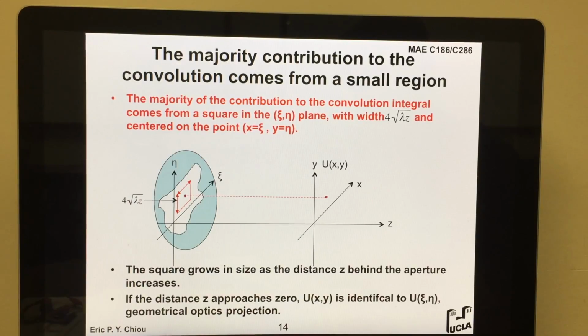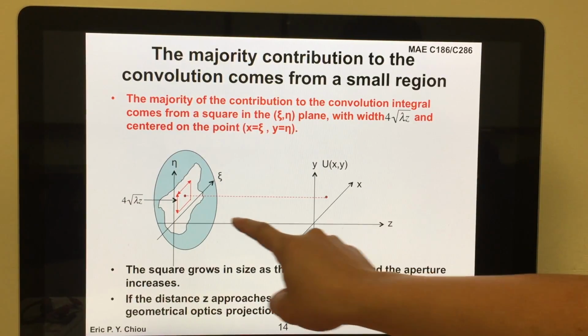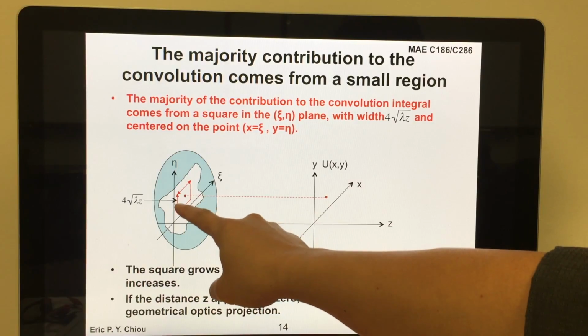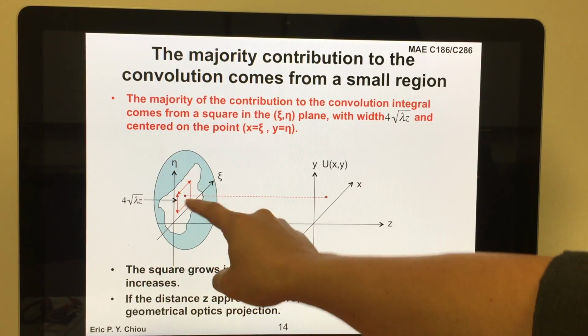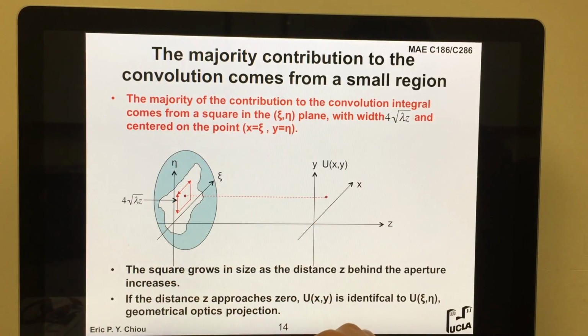So at the end, we come to a conclusion that for any point on the second plane, what matters in the object plane is the point light source within a certain range, which is equal to 4 square root of lambda pi in that kind of square.